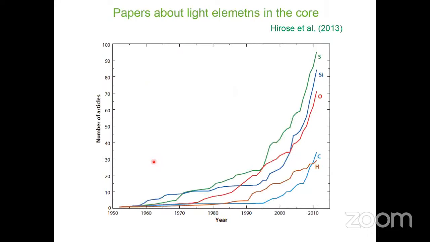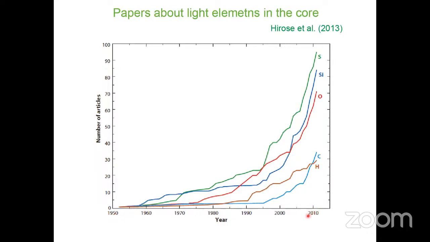With that implication in mind, people studied properties of iron light-element-bearing systems. This is a summary diagram compiled by Hirose et al. 2013. The vertical axis is the number of published articles in favor of each light element, and the horizontal axis is the year. Here's 1950, and here's 2010.